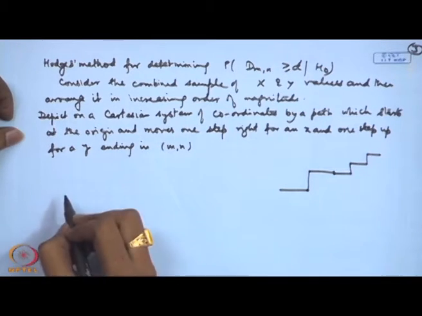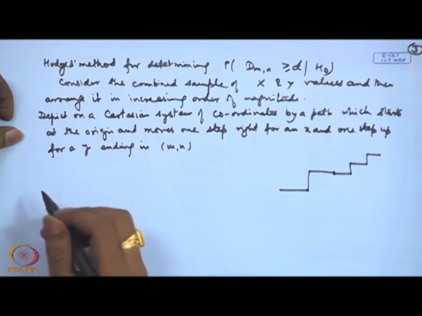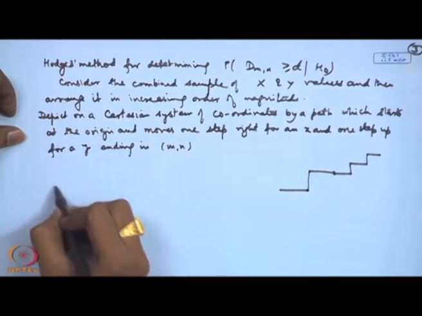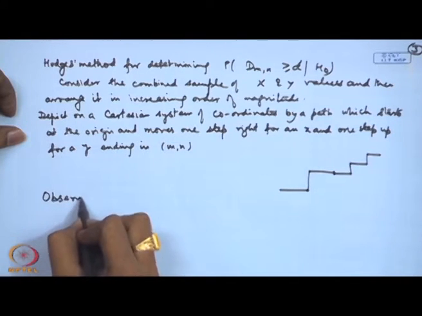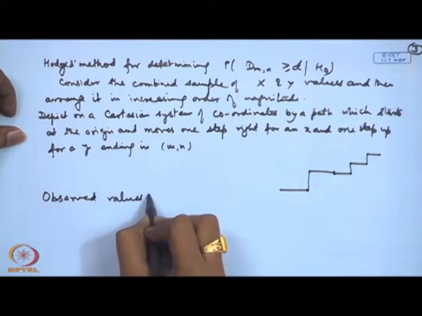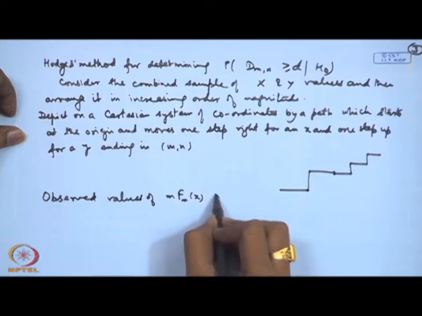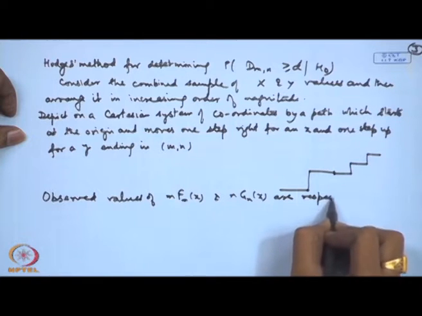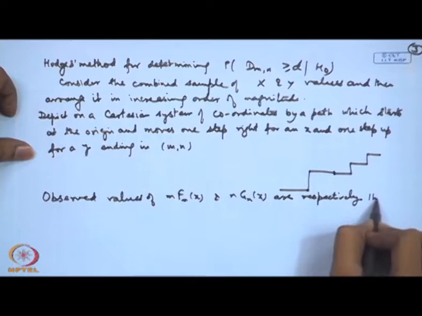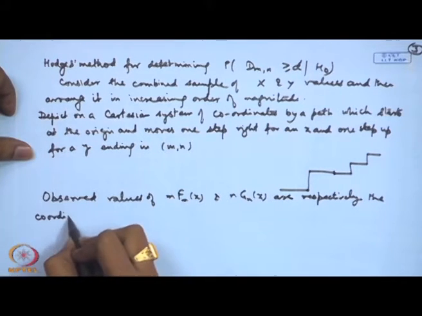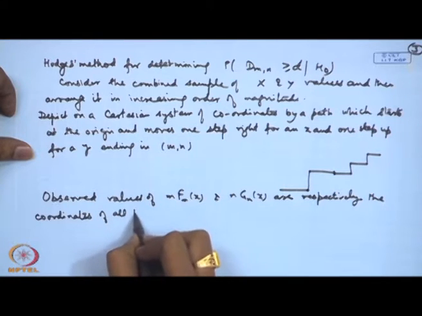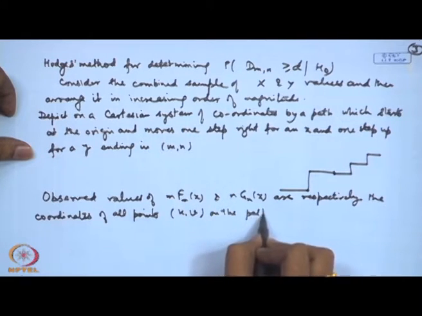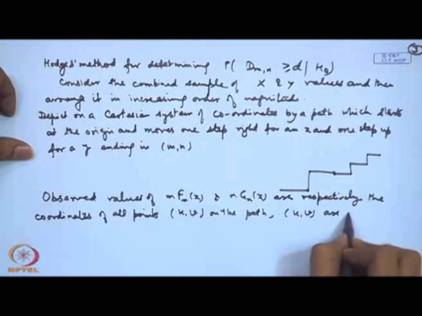So the observed values of m Fm(x) and n Gn(x) are respectively the coordinates of all points (u, v) on the path, where u and v are integers.